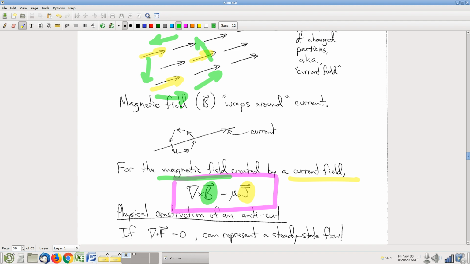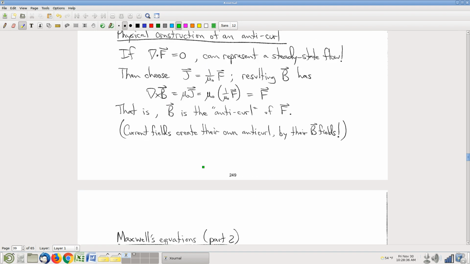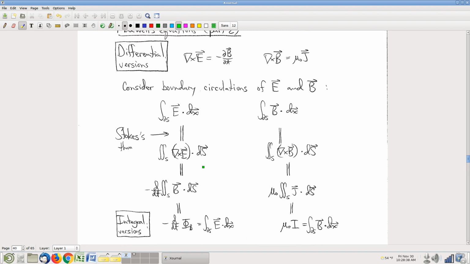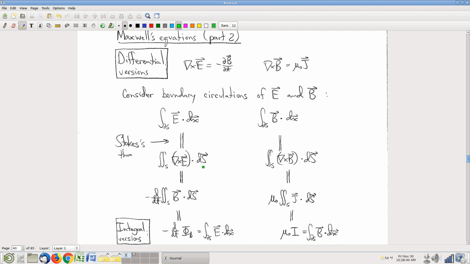Neat fact. Again, this is not a physics class, and what you do with magnetic fields, and how that relates to charged particles and forces, is not what we're interested in this class. But this gives rise to one of Maxwell's equations. There are 4 of them, and this is what I like to call the 4th of Maxwell's equations.